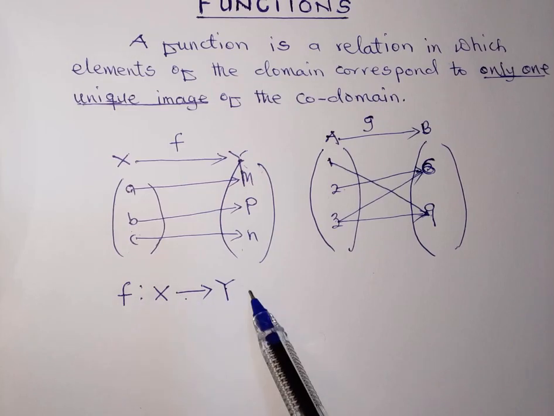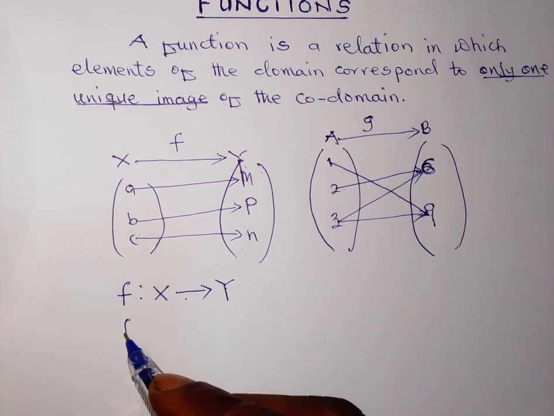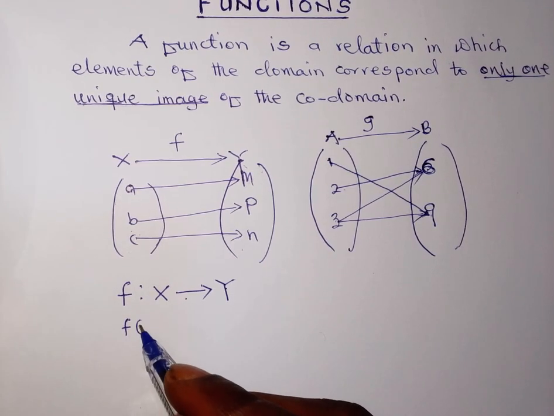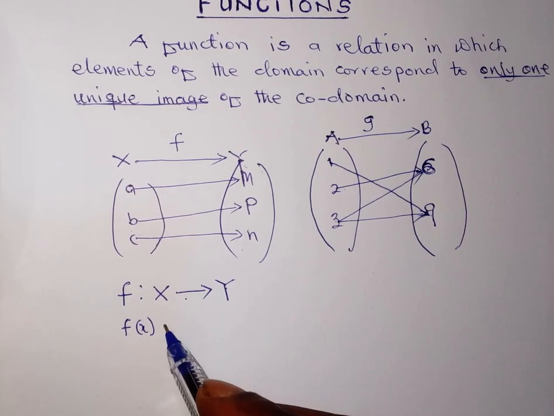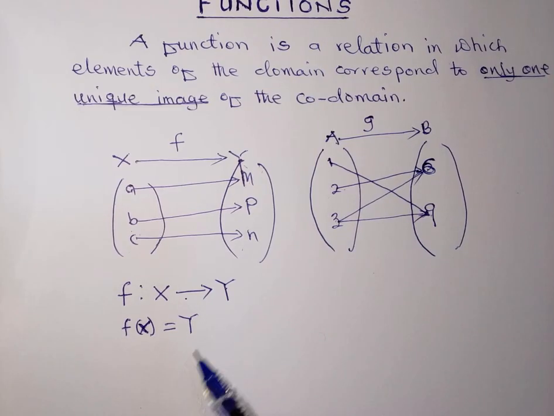So this is one notation. I can also write the same thing as f of x equals y. We read this as f at x, or f of x, is equal to y.